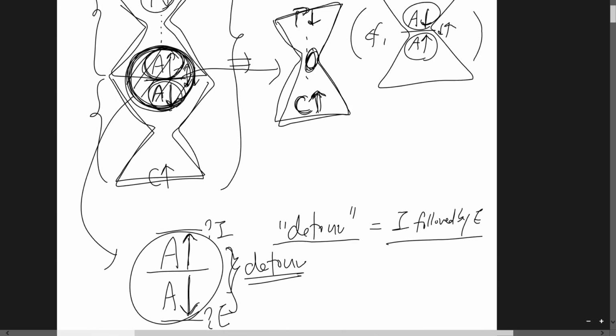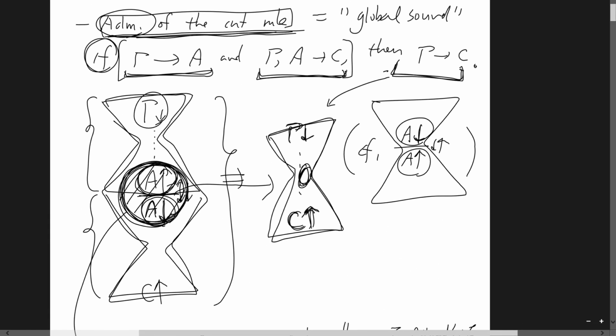But this time, this admissibility of cut rule is much stronger because essentially what it tells us is you can remove this one, up arrow converted to down arrow. But this is precisely where detour is found. And this statement does not say anything about the form of A. It doesn't say anything about A is implication, conjunction, disjunction.